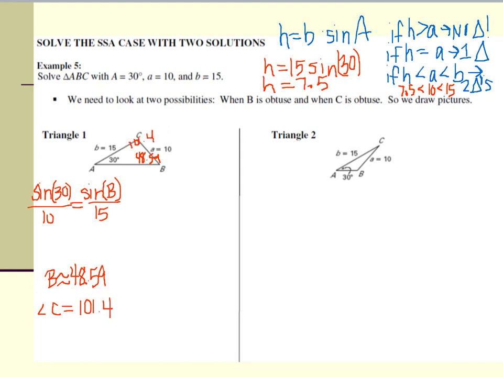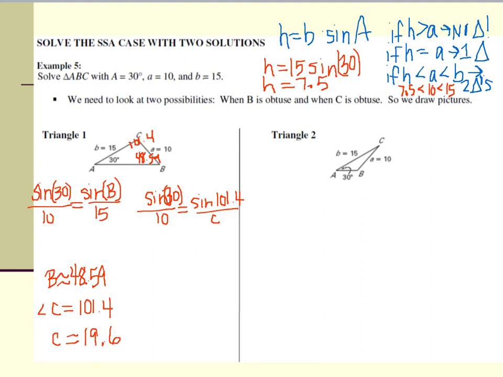Then using angle C, you should be able to set up a proportion to find side C. We would do sine of 30, let's use the one that we already know, over 10 equals sine of 101.4 over side C. I want to see your work when we check this tomorrow, but you should have found that side C is about equal to 19.6.